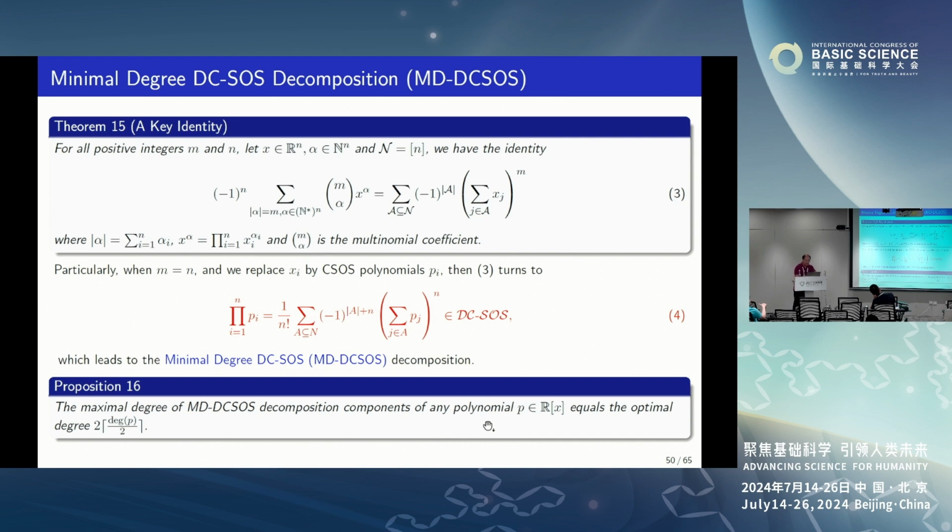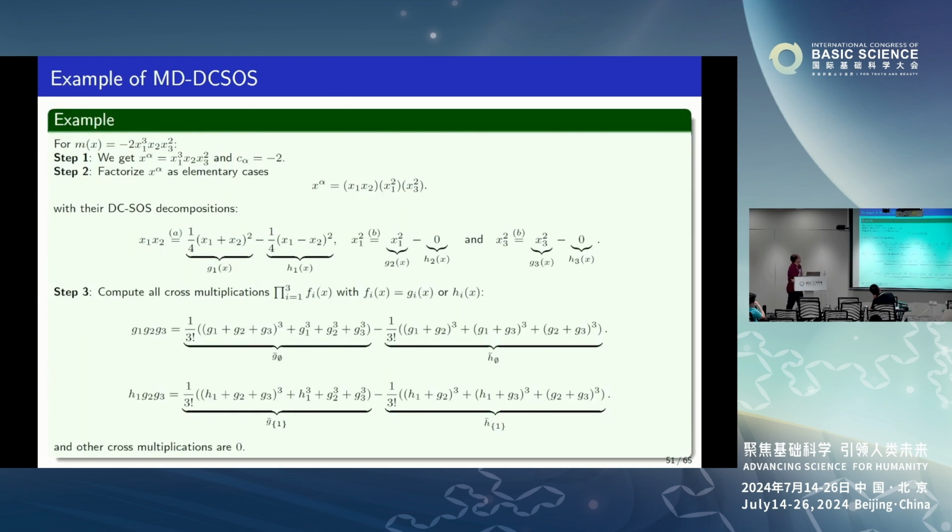Okay. And you may doubt that maybe there's a lot of subsets. But in fact, in practice, this is not the case. As an example here, if we think about this polynomial, a monomial, we factorize it first into elementary cases in step 2, and each of them can have some decomposition using A to C. Here, just A and B, not C, because C will be replaced by this formulation.